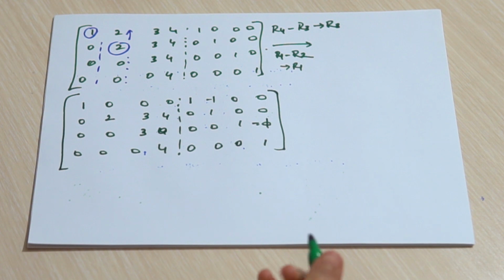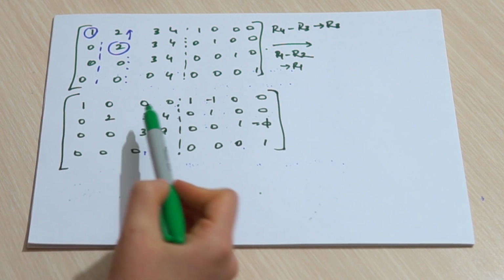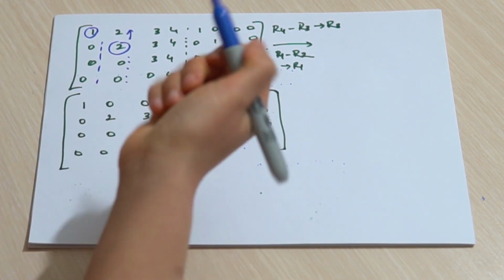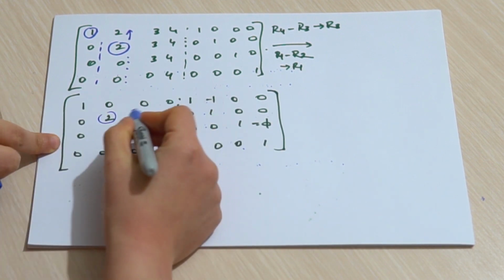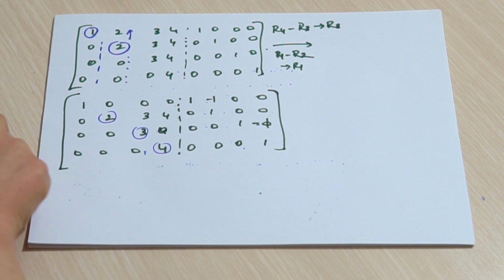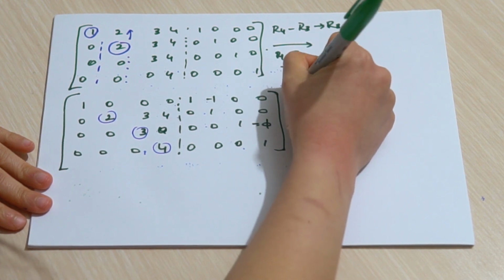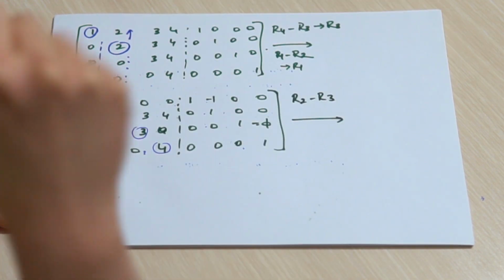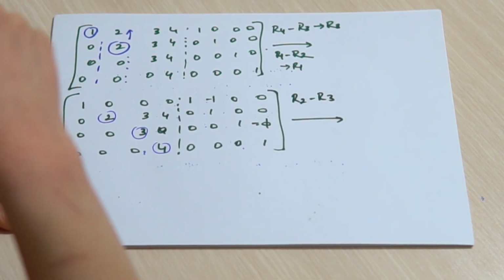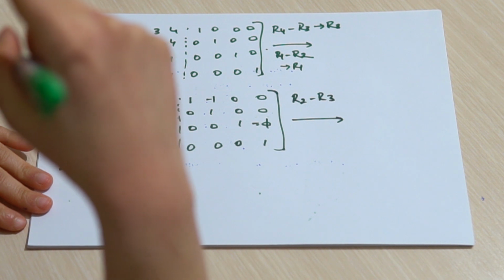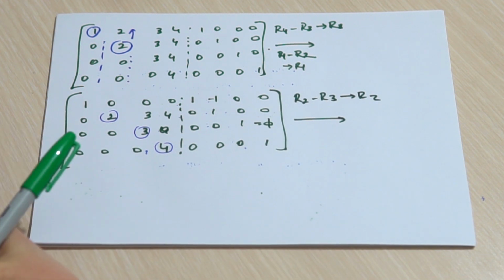Now, also in this row I should have only 2 again, right? There is 3 on this row and there is 4 on this row, but there are 2 things here. So let me add minus row 3 to row 2, and let me add minus row 4 to row 3, and let me write row 2 here.